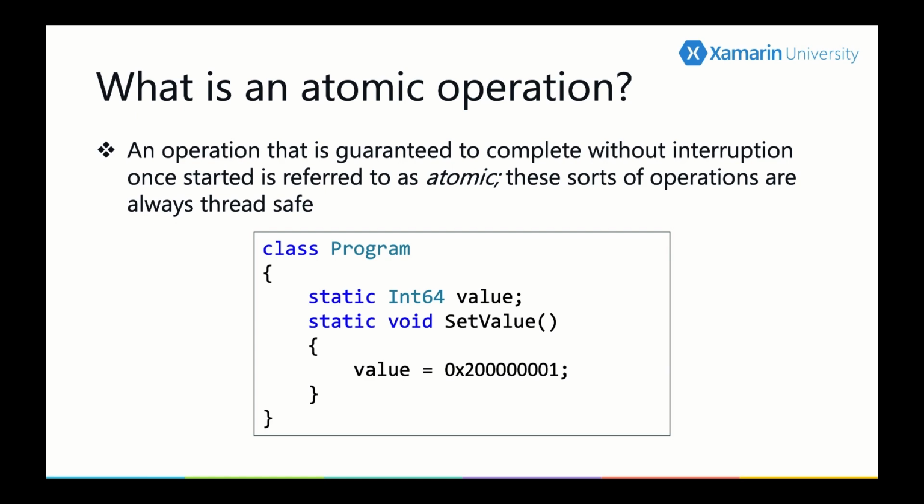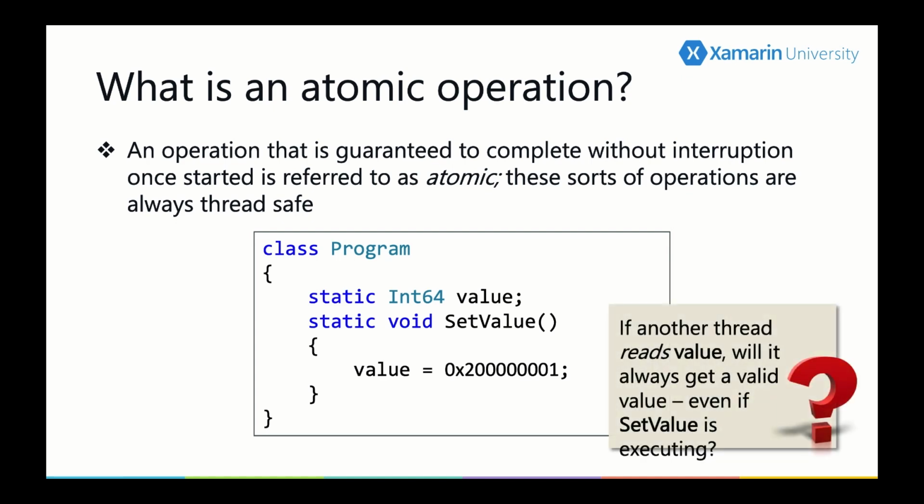The problem, however, is to recognize atomic operations. That's not always easy. So look at the code that we have here. Simple example: we've got a 64-bit integer, and we've got a SetValue method, and it assigns something to our int64 value. So the question is now, will this be completed in a single CPU instruction? Yes? No? And the answer is, it depends.